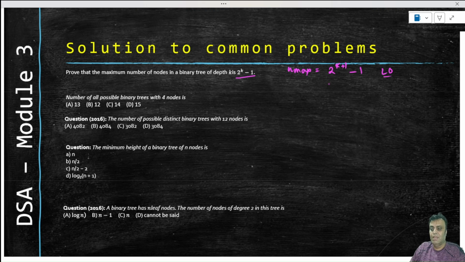But here it talks about 2 to the power k minus 1, which means that this k plus 1 has become k. So that means that this is considering the L0 to be L1, and that's why that difference of 1 is coming. So as I said, you are free to choose L0 or L1, and depending on what has been asked, you will have to intelligently figure out whether you need to select it as L0 or L1.